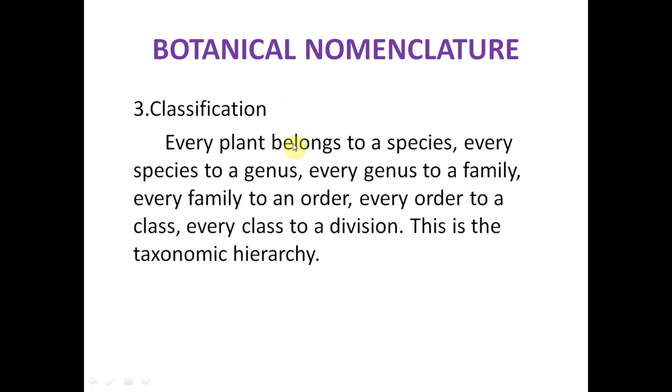So when we come to classification, the third component of taxonomy, in the classification every plant belongs to a species, each species belongs to a genus, each genus belongs to a family, each family belongs to an order, each order belongs to a class, and each class belongs to a division. This is called the taxonomic hierarchy.